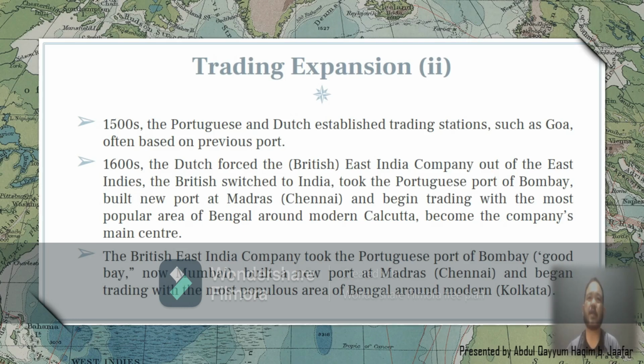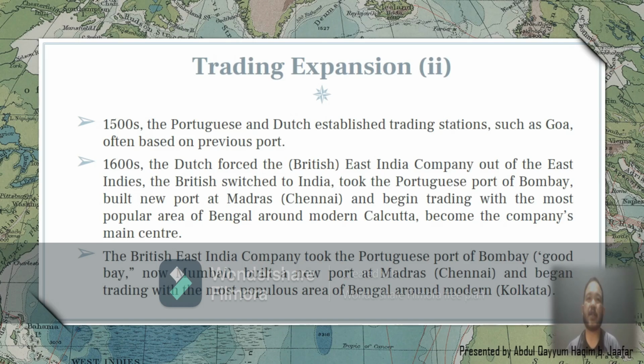The British switched to India, took the Portuguese port of Bombay, built a new port at Madras, and began trading with the most populous area of Bengal around modern Calcutta, which became the company's main center.